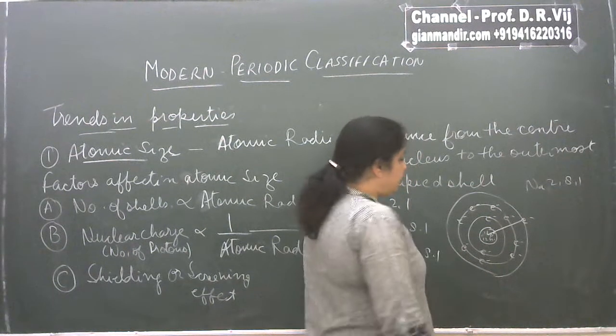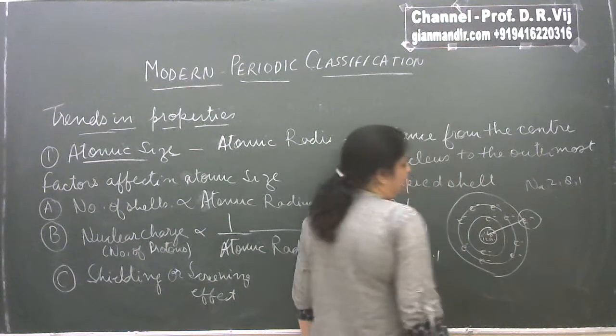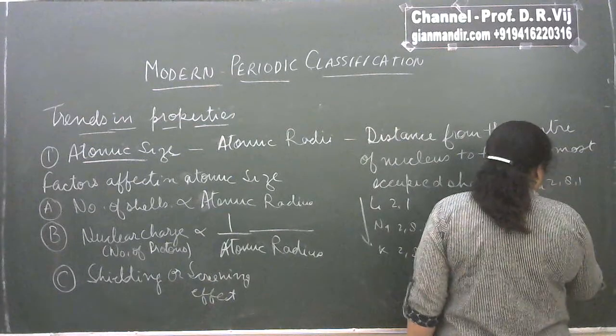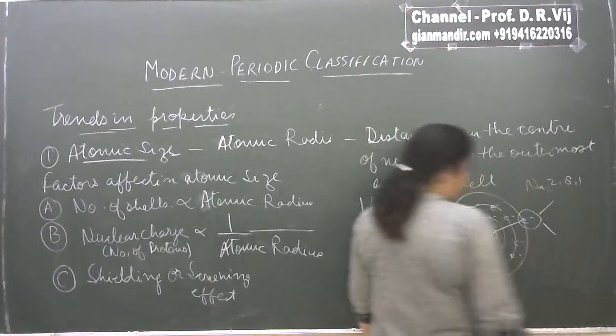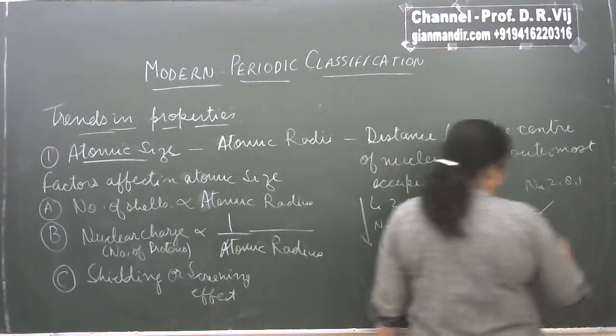If we look at the outermost electron of this sodium atom, this outermost electron is experiencing two types of forces. What are these two types of forces?